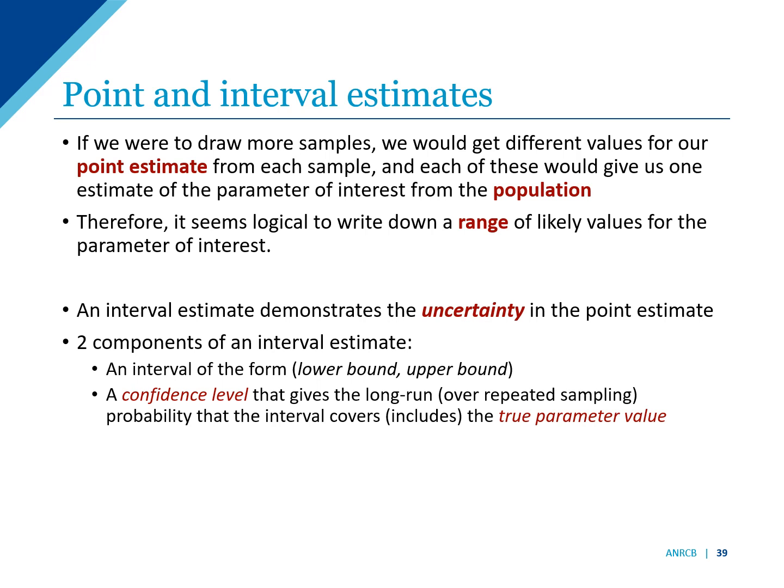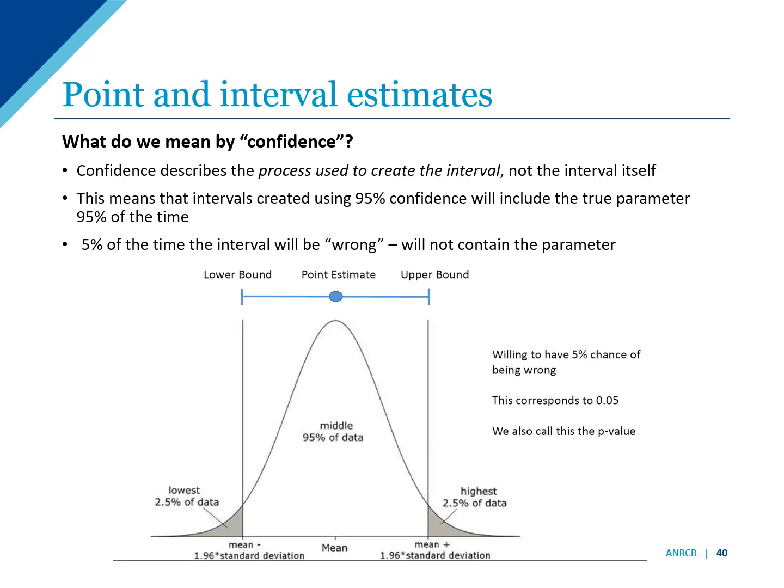The confidence interval takes the form of a lower bound and an upper bound, and what it tells us is the probability that, over repeated sampling, the interval includes the true parameter value.